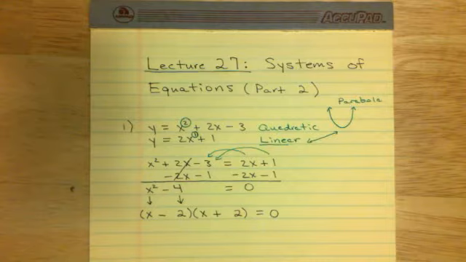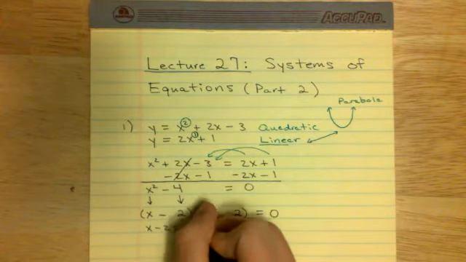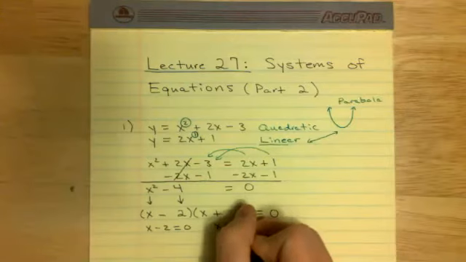Okay, so what we just did was we factored the left side. And now I'm going to get two different equations once I set both factors equal to 0. I'm going to get x minus 2 equals 0, and I'm going to get x plus 2 equals 0.